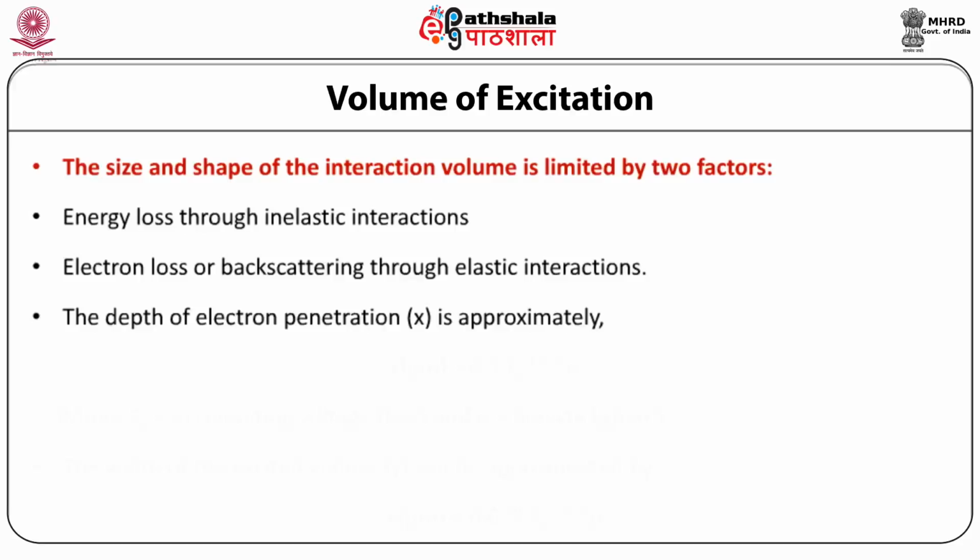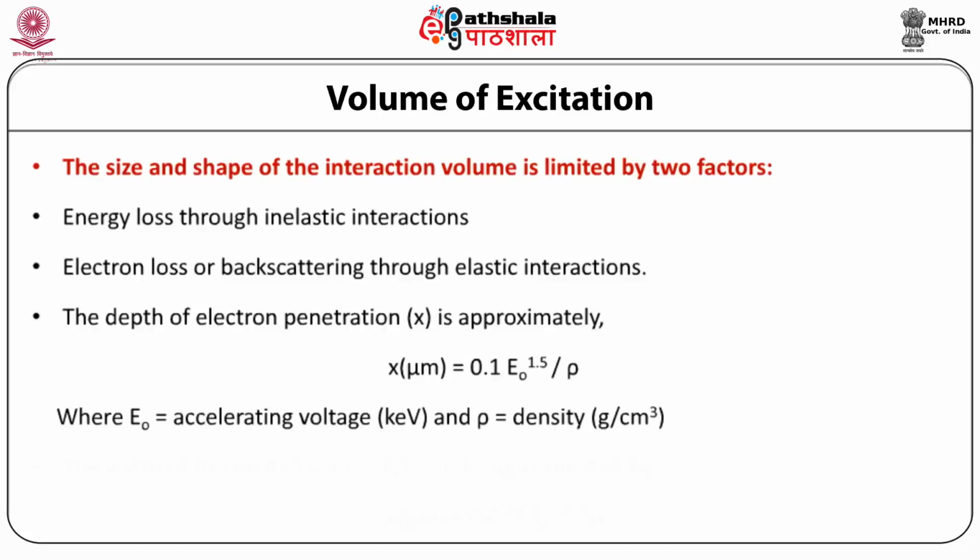The depth of the electron penetration x is approximately x = 0.1 E0^1.5 divided by rho, where E0 is the accelerating voltage in kilo electron volts, and rho is the density, generally given in grams per centimeter cubed.